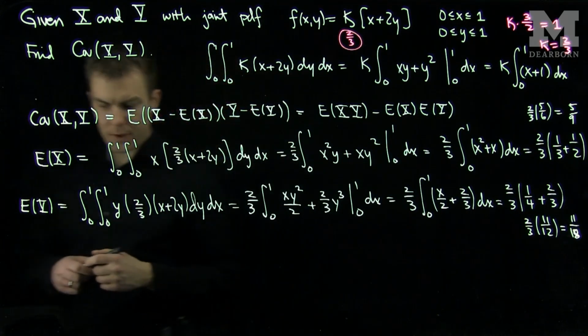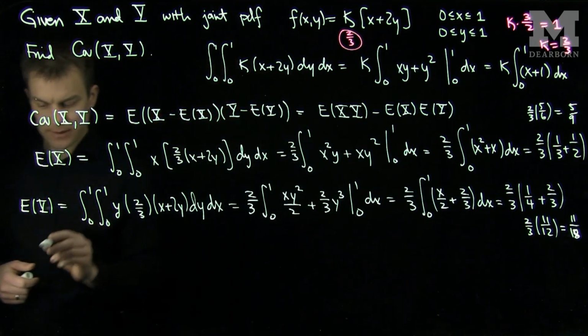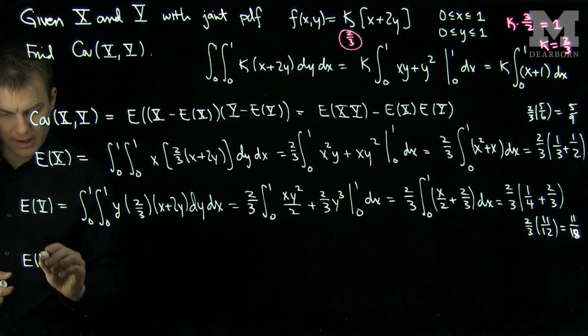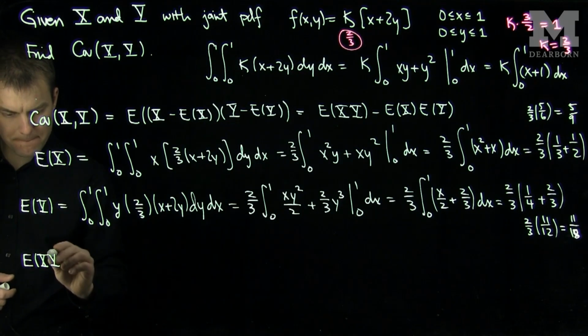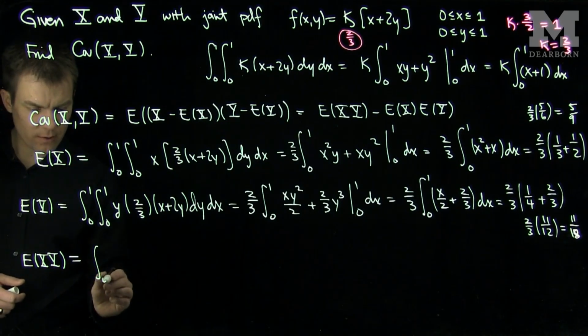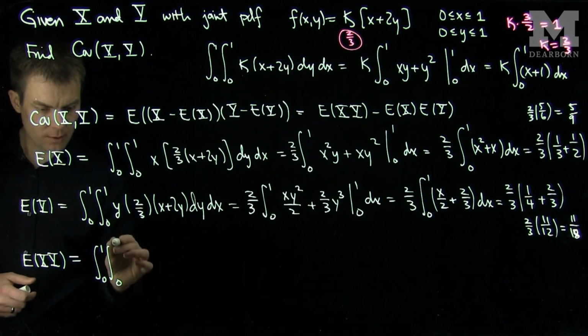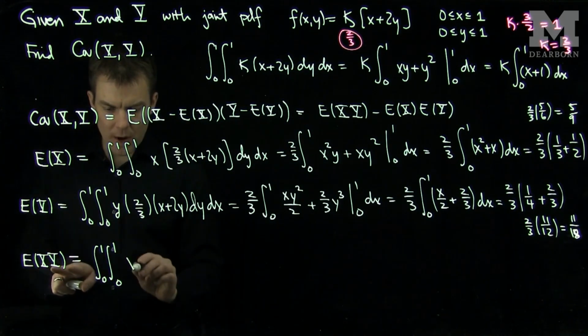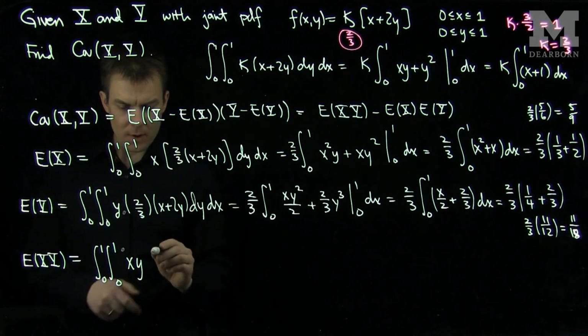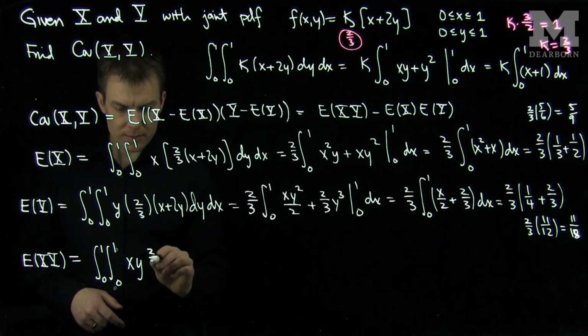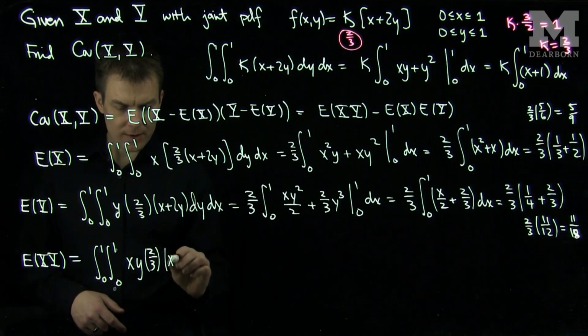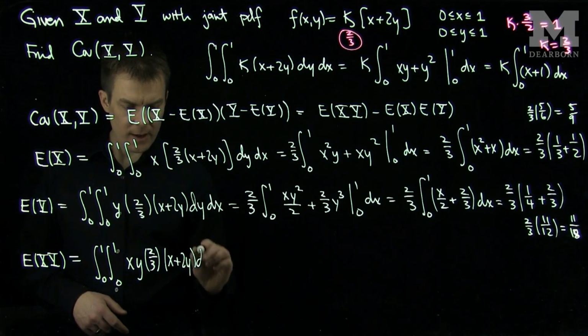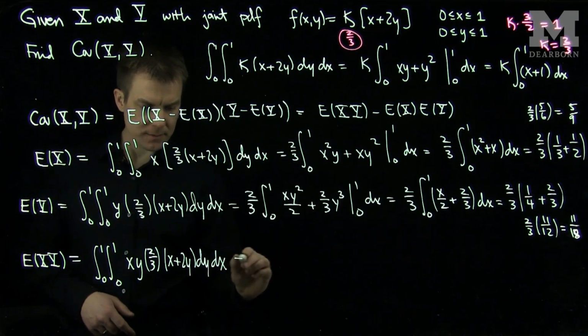And finally, we'll compute the expected value of x times y. The expected value of x times y is the integral from 0 to 1, the integral from 0 to 1 of x times y times 2/3 (x plus 2y) dy dx.